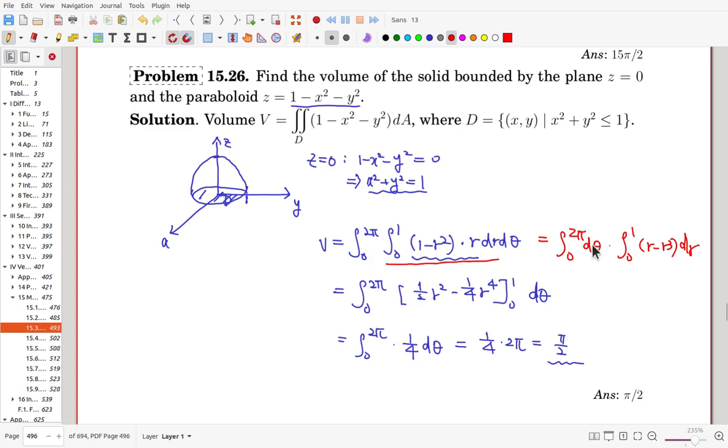In the theta direction, the function is 1. So for the outer integral, rather than writing the integral in d theta, this whole thing becomes 2 pi, right? And then the inside evaluation is a quarter times 2 pi. You have the same result, pi over 2, okay? You can simplify the calculation.